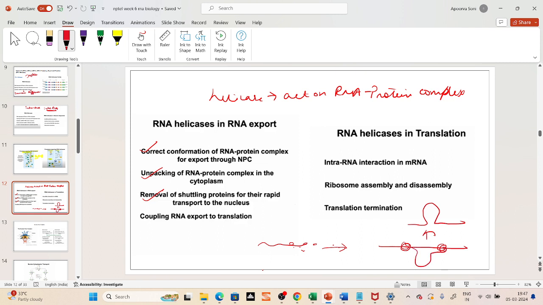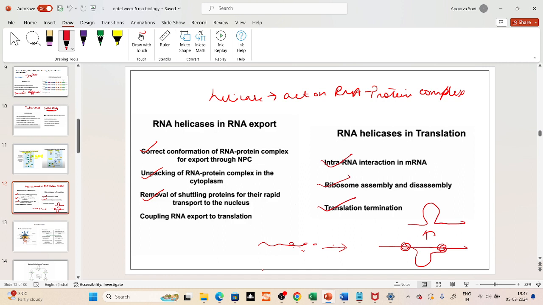This kind of looping out will create problems in translation. So this intra-RNA interaction is prevented with the help of RNA helicases. Then they also help in ribosome assembly and disassembly, and they also help in translation termination.